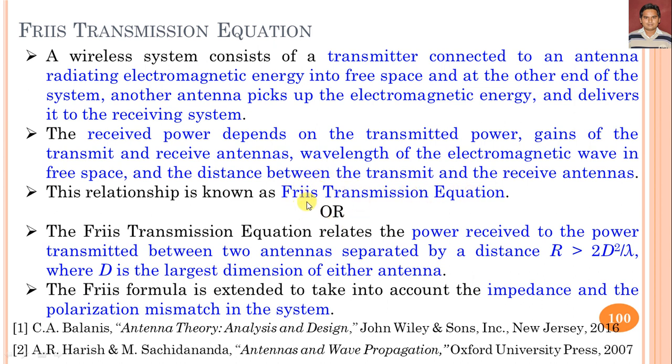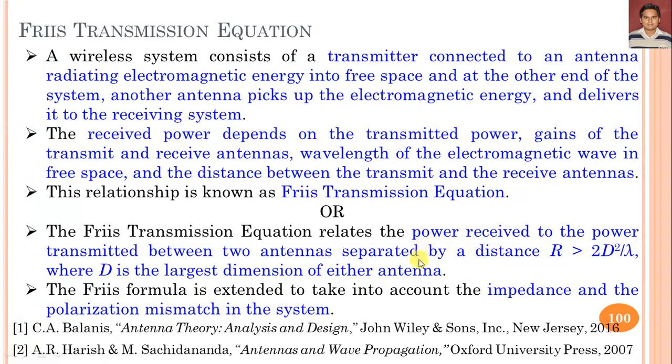In other words, the Friis transmission equation relates the received power to the power transmitted between two antennas separated by a distance r greater than 2D square by lambda, where D is the largest dimension of either antenna.